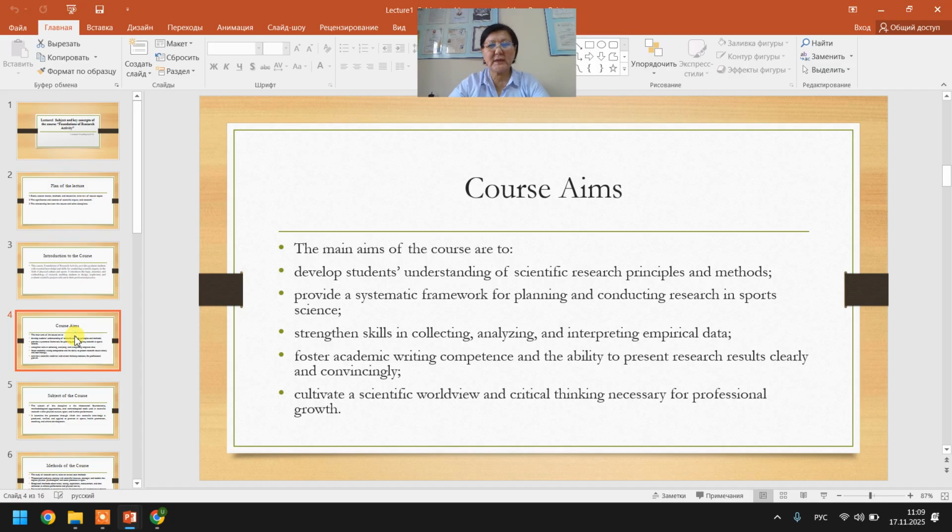As for the course aims, the main aims of the course are to develop students' understanding of scientific research principles and methods, provide a systematic framework for planning and conducting research in sports science, strengthen skills in collecting, analyzing, and interpreting empirical data, foster academic writing competence and the ability to present research results clearly and convincingly. And the last is to cultivate a scientific worldview and critical thinking necessary for professional growth.